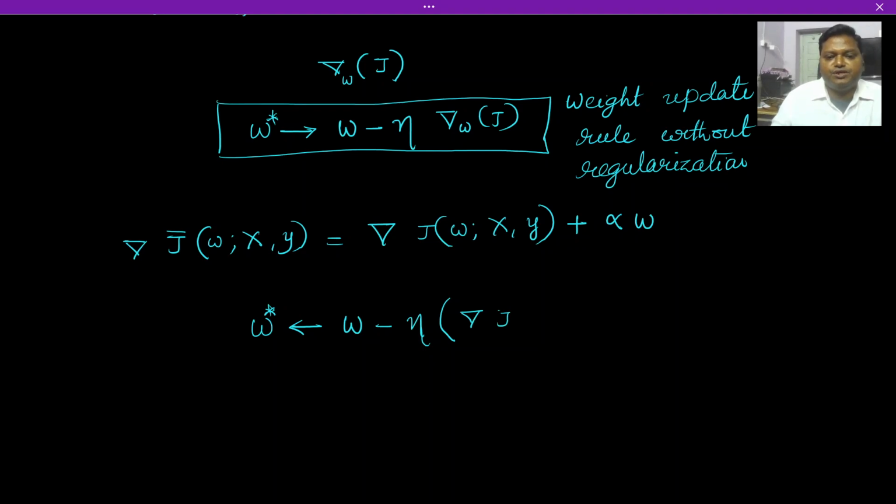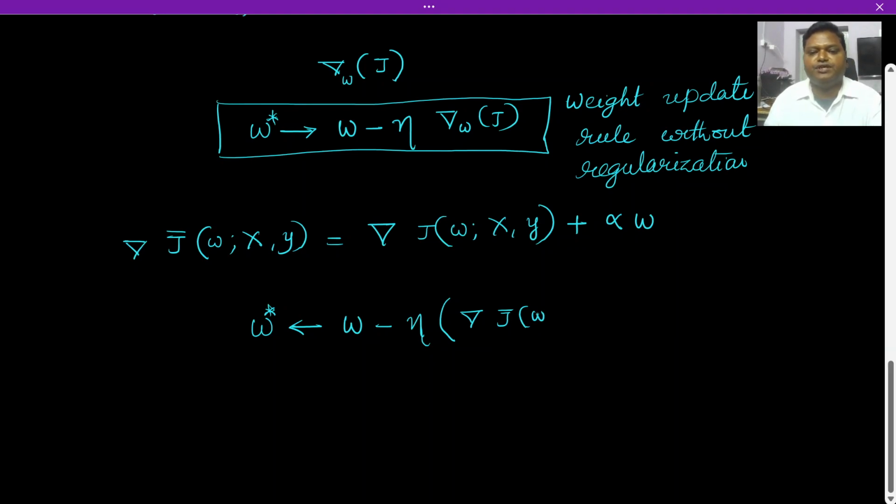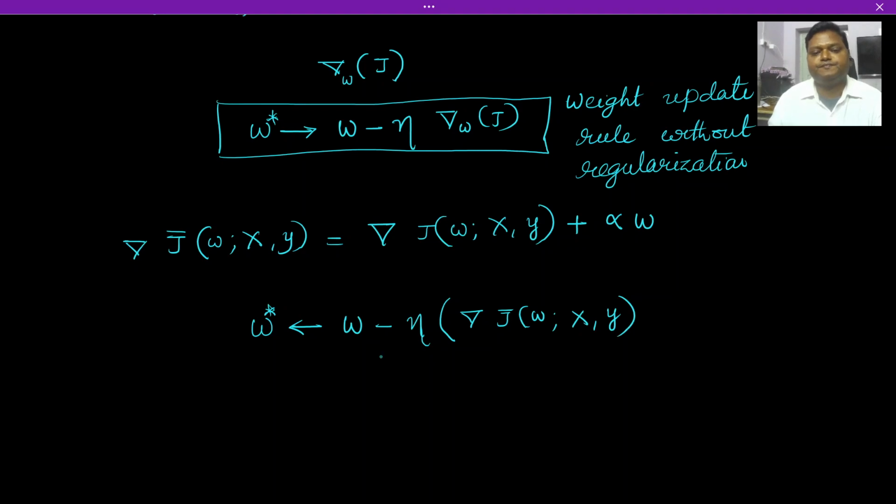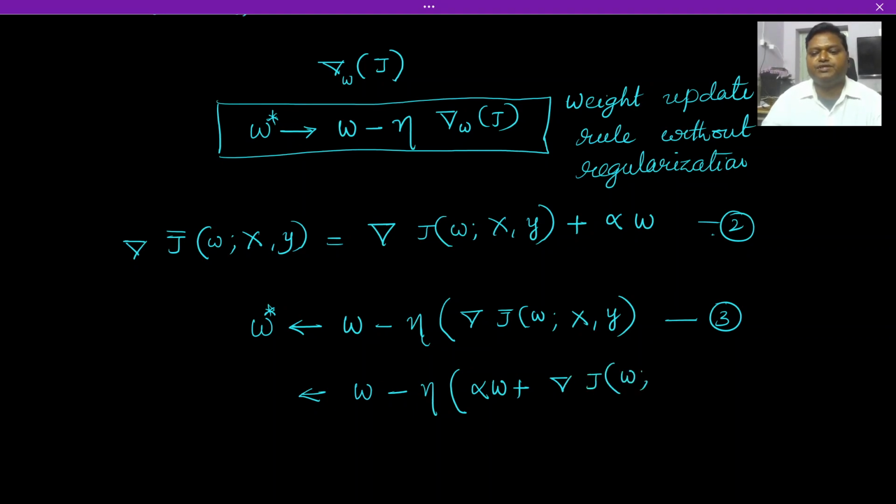Delta J bar, or if you want we can write that in full, in terms of x and y. Substituting that, w minus learning rate into alpha w plus, from equation 2, this we can call 3, plus delta existing gradient.